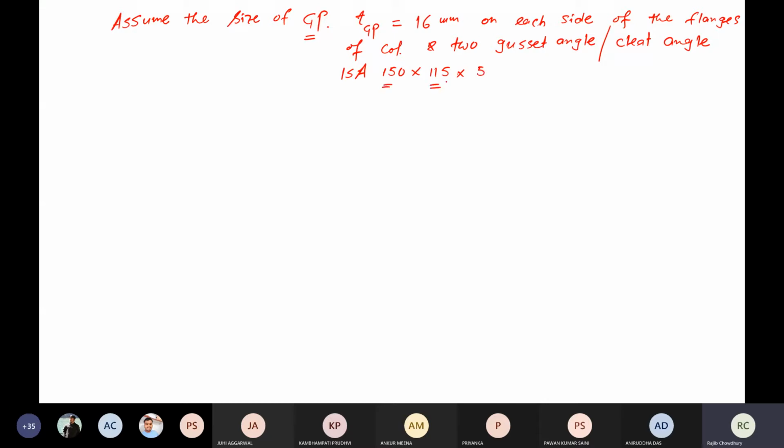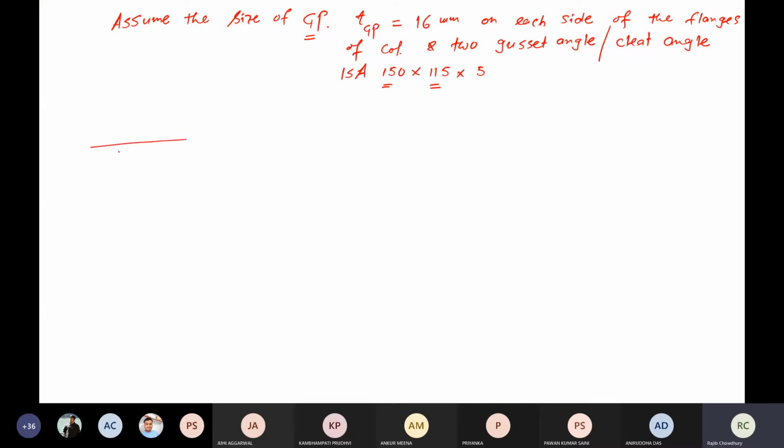So that is the primary thing that in the last class we mentioned, that as far as possible we used to keep the cleat angle for the gusset plate or gusseted base connection to be different in length. Okay, now how typically would it look? Let's have a first look into that.